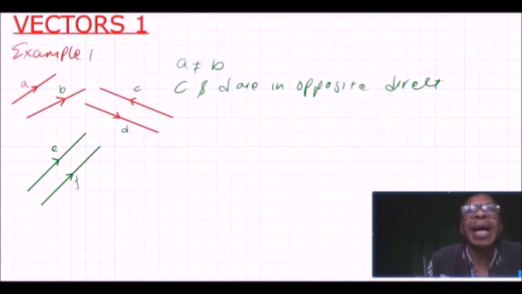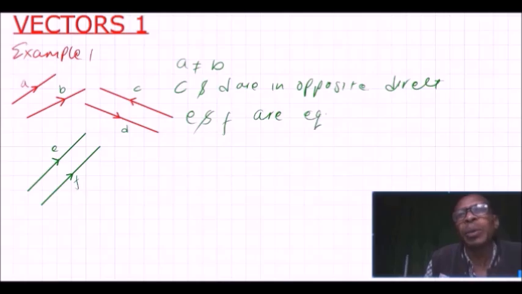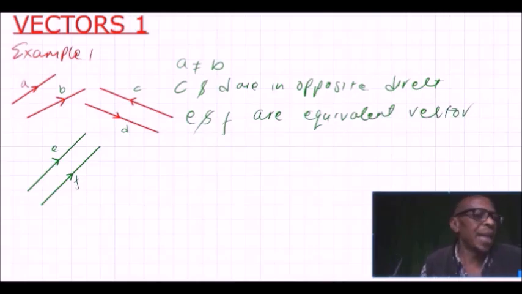Then we have E and F. Same direction, same magnitude, so we can say E and F are equal, or what we call equivalent vectors.